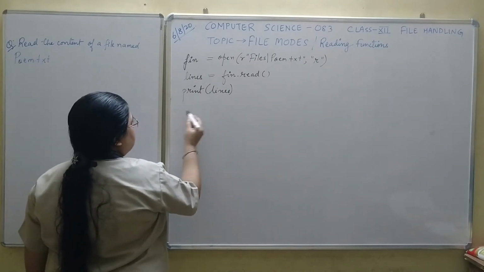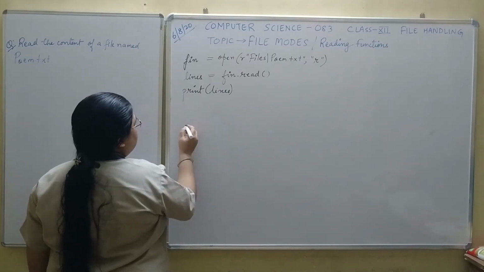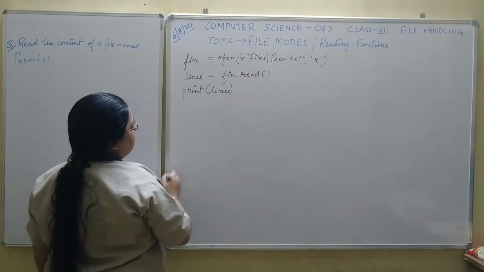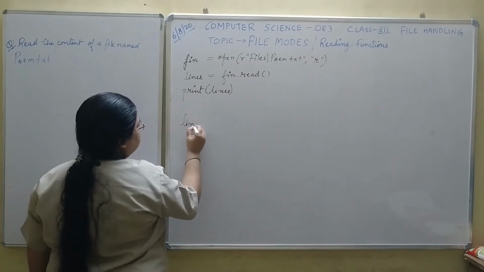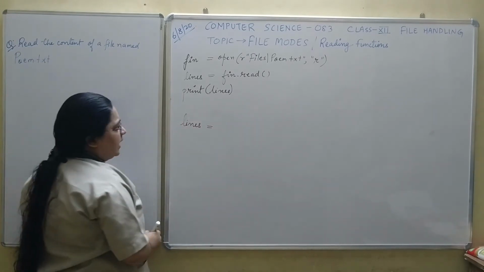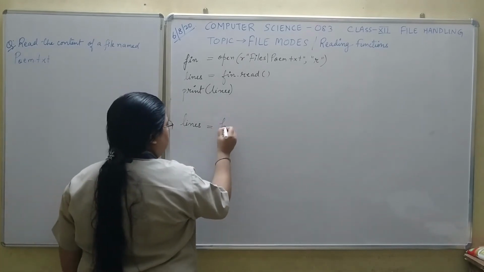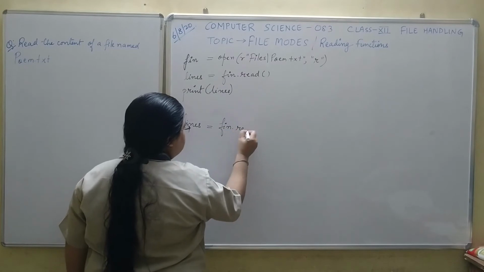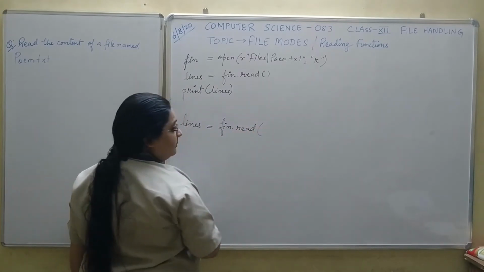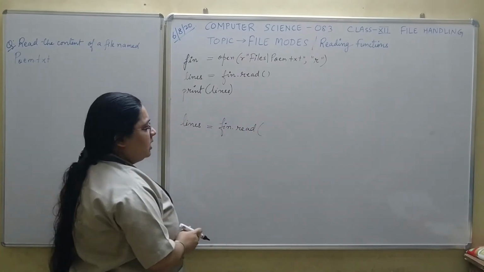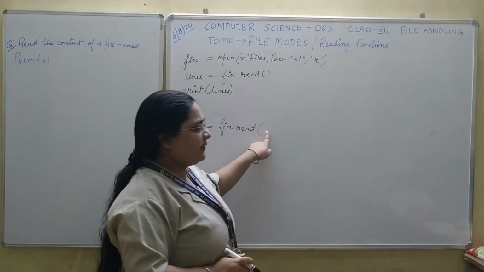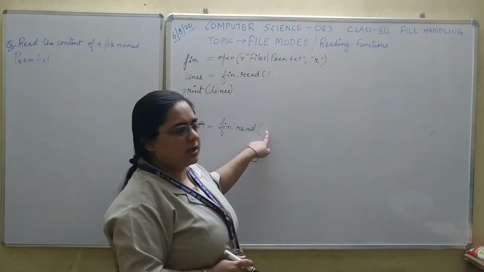Suppose you can make changes over here, that is, if you want, you can only store some part of the file. For that you have to provide read and a number. We already saw that we have an argument n which stands for number of bytes.